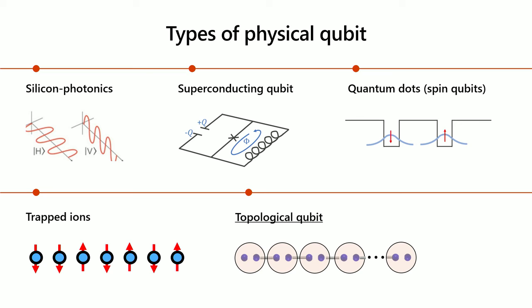Each one of these qubits has different characteristics in terms of its stability, different characteristics in terms of how much complexity there is to actually make one. Like when you start talking about lasers, you need lots of lasers for lots of qubits to keep them in their trapped ion states. And so each one has pros and cons.